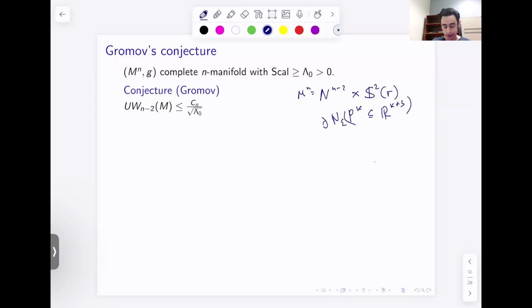So we have a way of taking k-dimensional simplicial complexes and producing k plus one dimensional positive scalar curvature manifolds. And Gromov's conjecture says that geometrically, this is how all positive scalar curvature spaces look like.